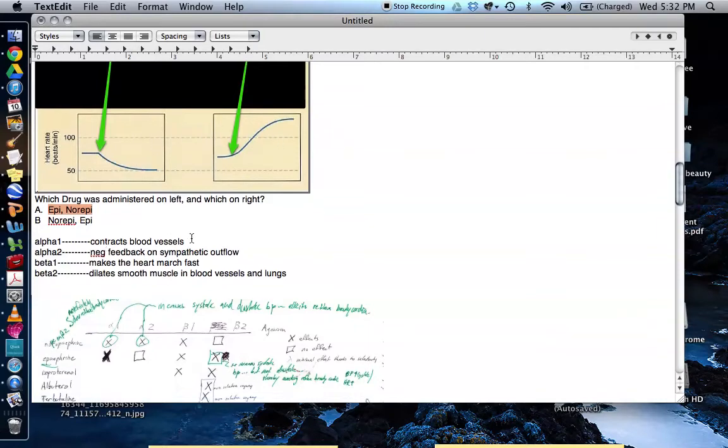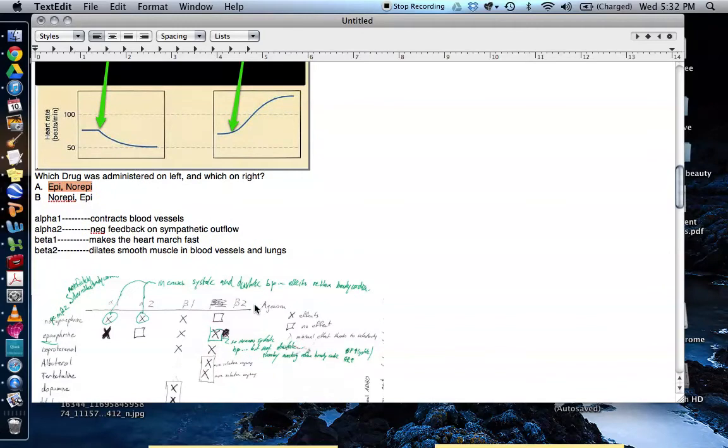And if you know which receptors each of those drugs act on, and this is kind of a famous example, epinephrine and norepinephrine, the big distinction is norepinephrine doesn't do beta-2, whereas epinephrine does. And if you look right here, well, what's beta-2 do? Beta-2 dilates smooth muscle.